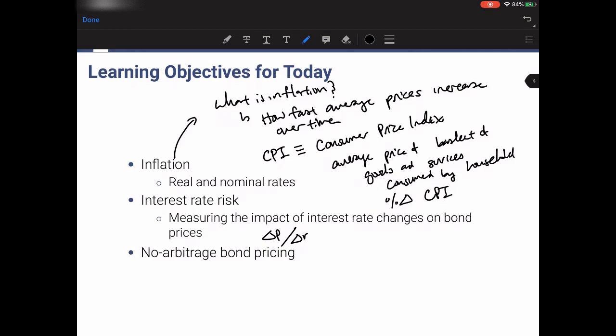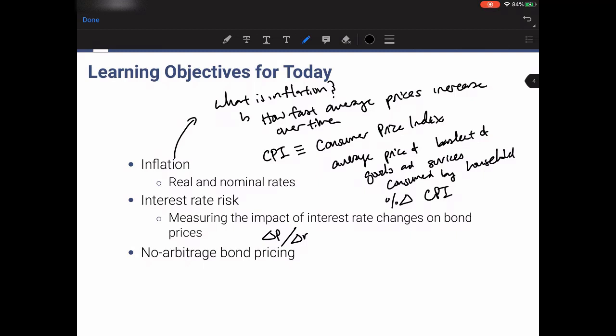And lastly, we're going to talk about no arbitrage bond pricing. We're going to think about how to convert coupon bonds to zero coupon bonds. As you learned from last week, coupon bonds have intermittent payments between issuance of the debt and its maturity. A zero coupon bond is one that only has one final bullet payment, in which you get back the principal you lent out, and also a specific interest.